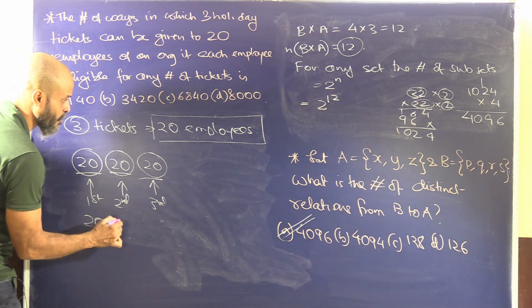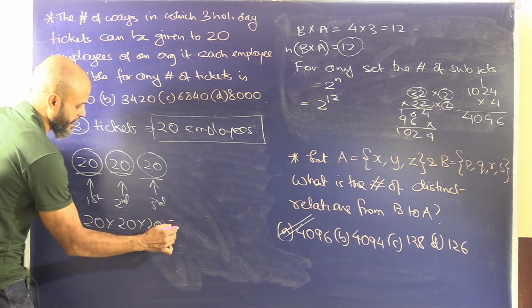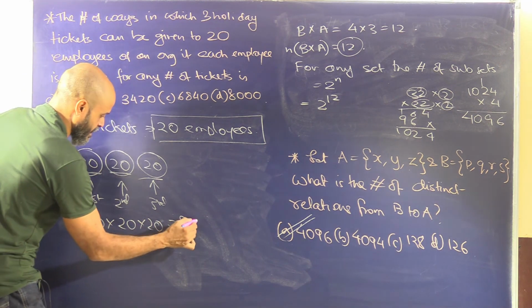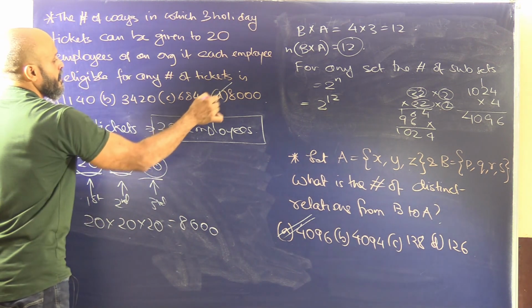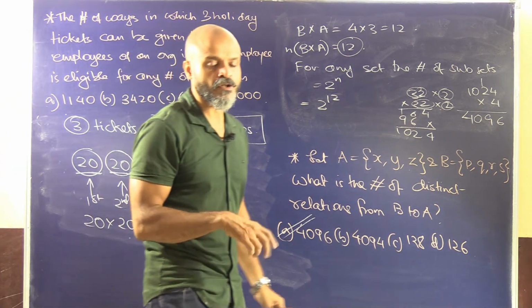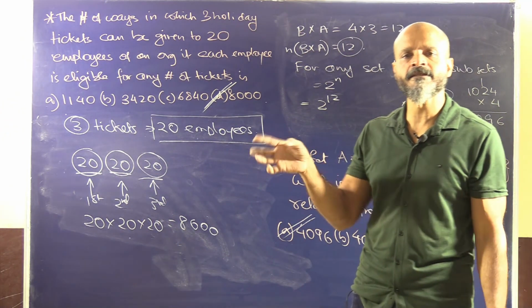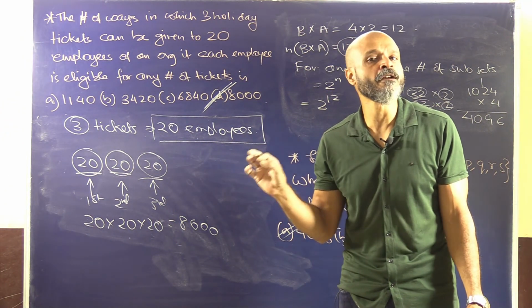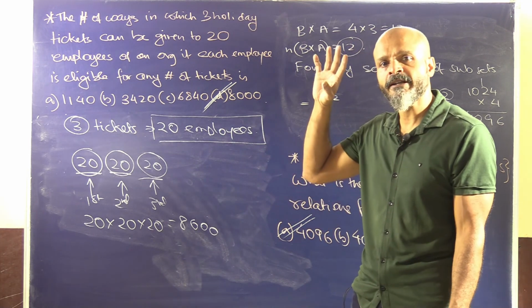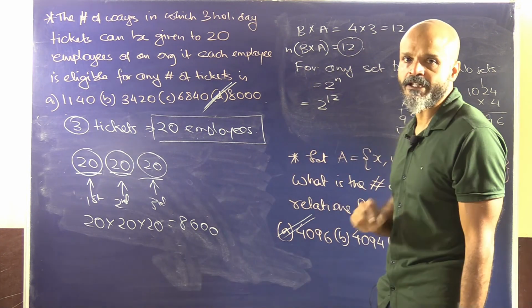So this will be 20 into 20 into 20, that is 8000. So this is going to be the answer. Okay. So as we saw in these examples, no particular formula of permutation is applicable. We have to understand the arrangement and solve these problems.